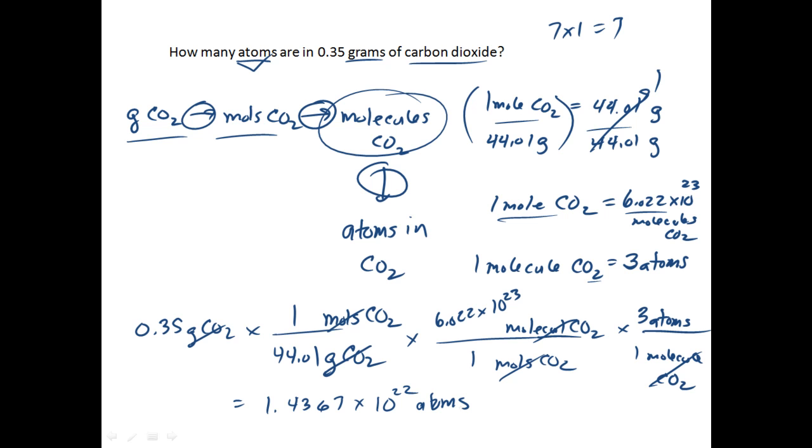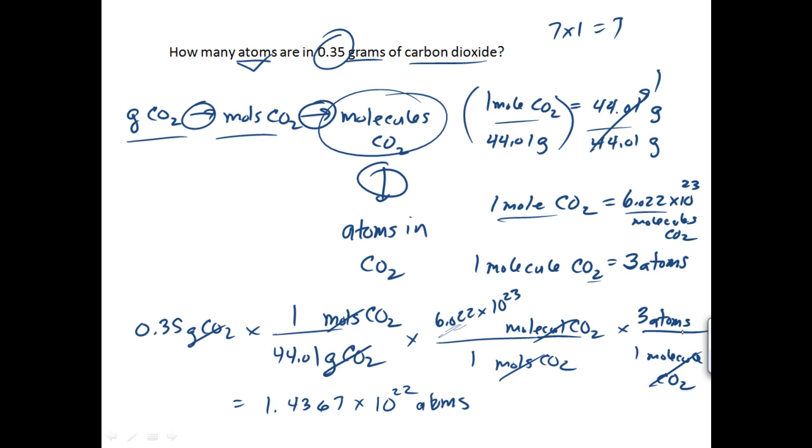Now, again, this is a rough answer. Maybe your calculator put out more digits than this, but what we always have to go back to is how many significant figures was in the original question. Well, there's only 2. Now, if we look at these calculations, the 44.01 that you calculated for the molar mass of carbon dioxide, that's 4 significant figures. We're using 4 significant figures for Avogadro's number here.